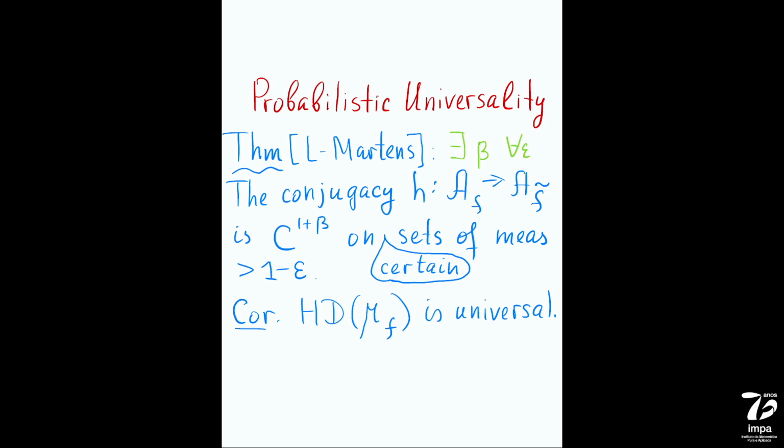If we take a carefully selected set of measure 1 minus epsilon, for any epsilon, then the corresponding conjugacies between two odometers will be 1 plus beta smooth, like in the one-dimensional situation. So typically, in typical places, you would not observe this violation of the universality. And in particular, the Hausdorff dimension of this canonical measure is universal.